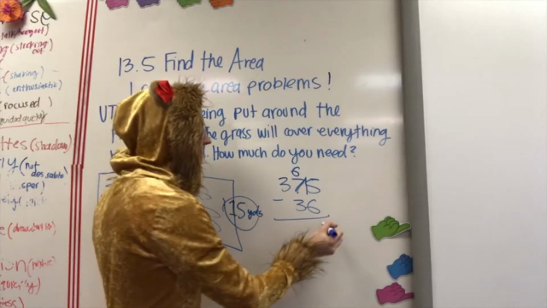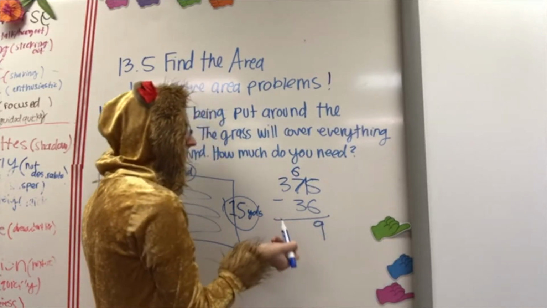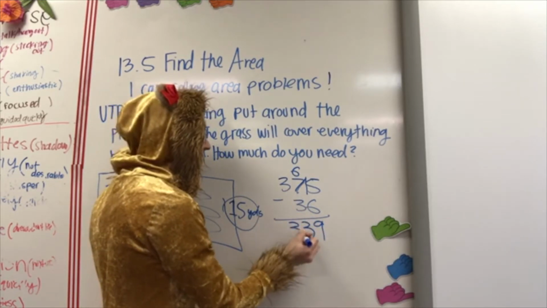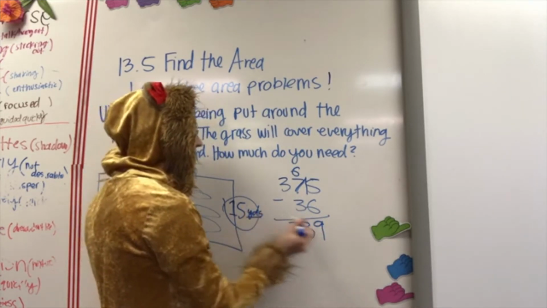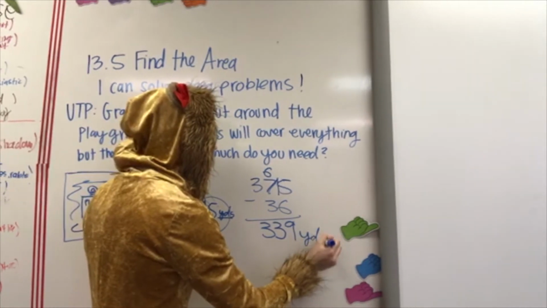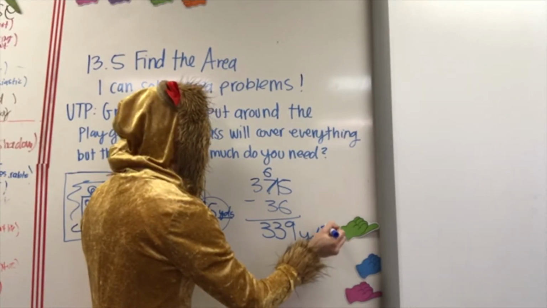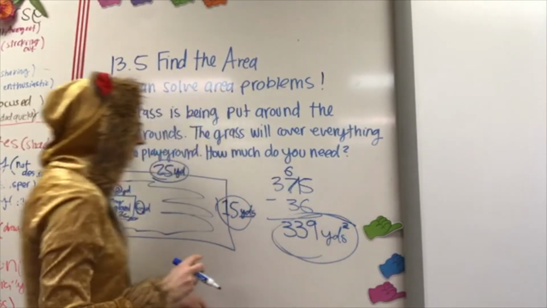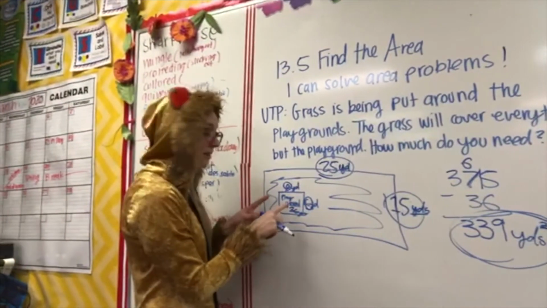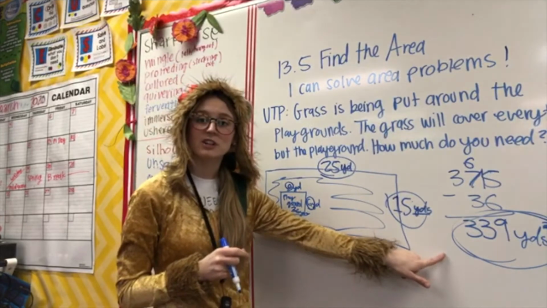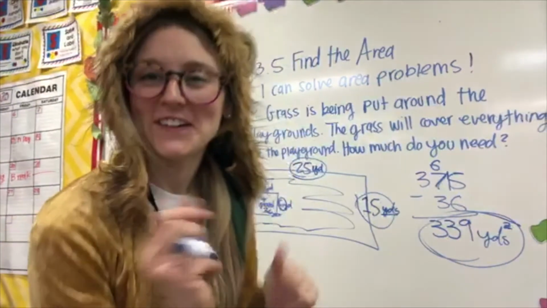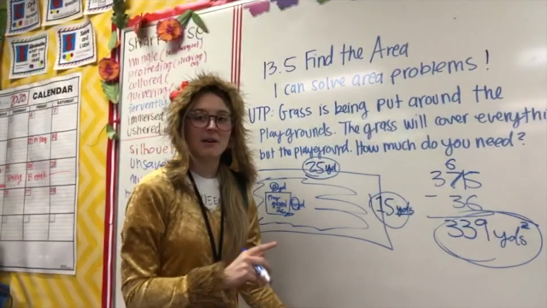So 15 minus 6 is 9. 6 minus 3 is 3. And bring down that 3. So remember, we're doing it in yards. We add a squared because we're finding the area. So all together, the whole area of the grass without the playground is 339 yards squared. What? We did it.